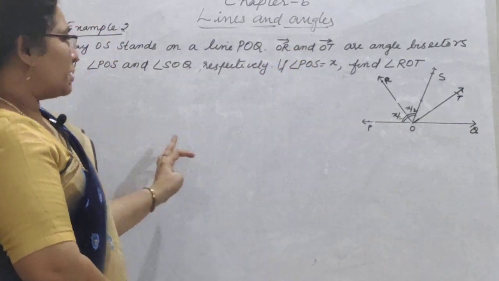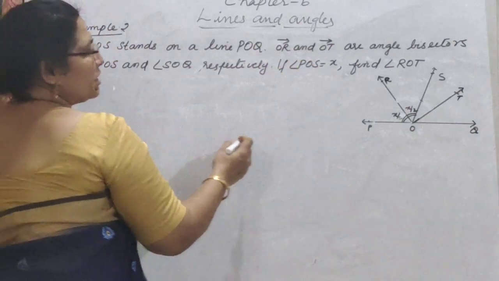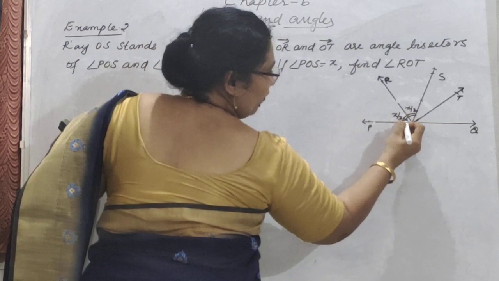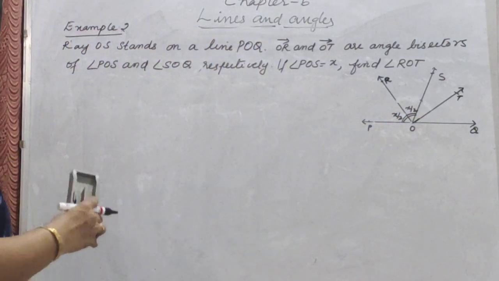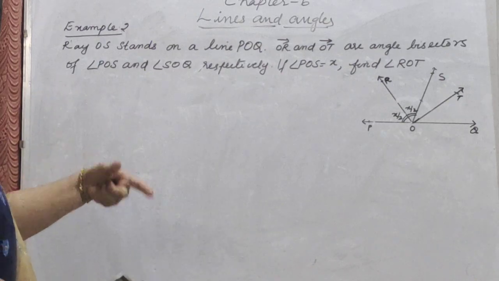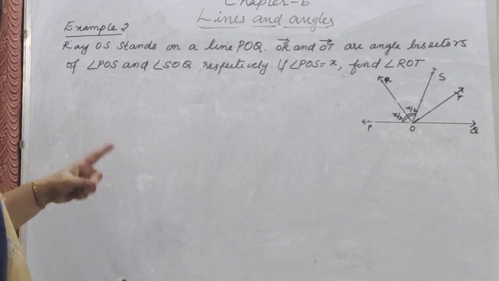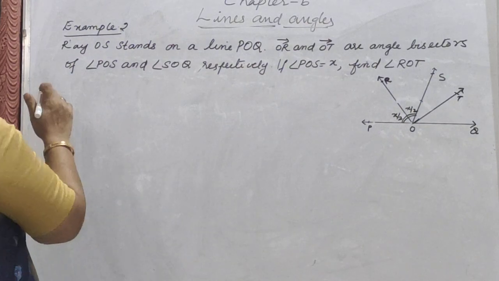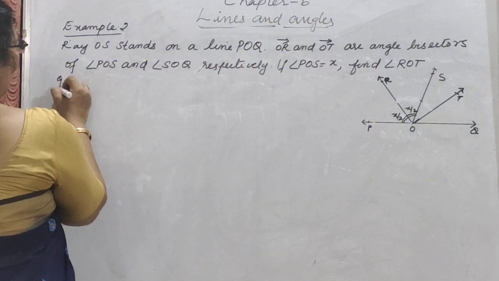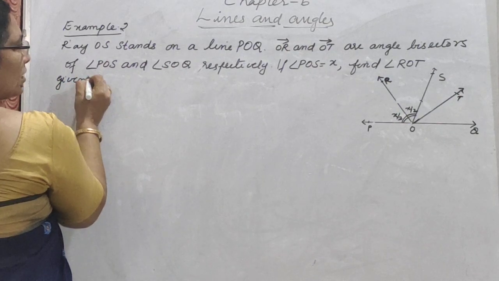OR and OT are the bisectors of POS and SOQ respectively. So we completed that also. So one value equals x by 2 and another value equals x by 2. The remaining angles are SOT as well as TOQ because OT is the bisector. Now the question is asked for angle ROT. So what is given here means we can write many things.